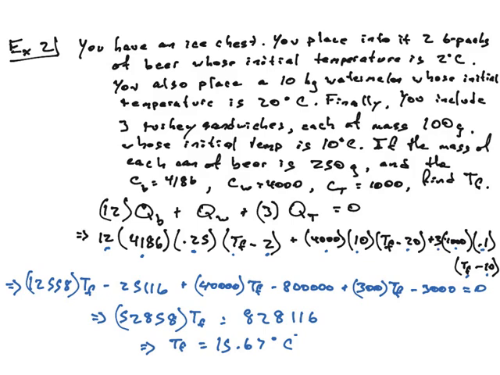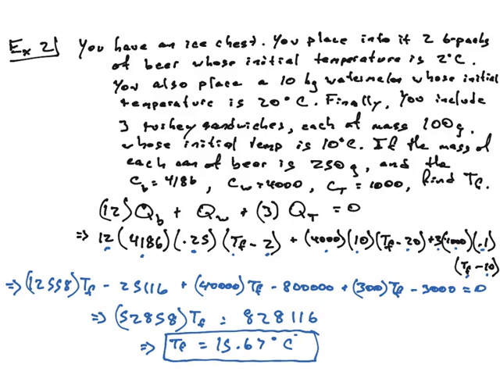Well, what do I know? The hottest thing in my system was at 20 degrees. That was the watermelon. The coldest thing in my system, which was the beer, was at 2. And so I know the answer has to be somewhere between 2 and 20. Here I get an answer of 15, so it makes sense. I could go ahead and box the answer.